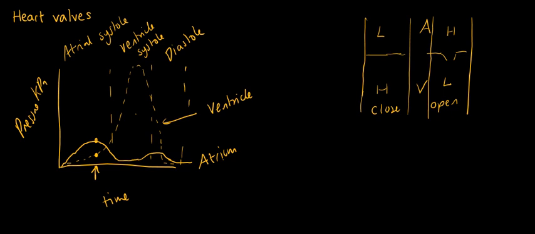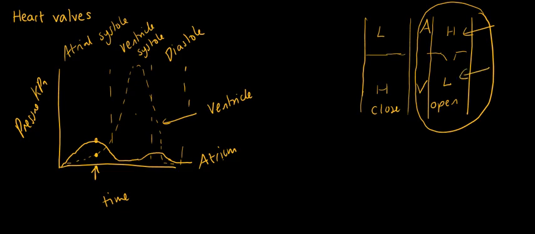So my atrium pressure in this location is currently higher than my ventricle pressure. So therefore that is mimicking this scenario here where my atrium pressure is higher than my ventricle pressure, which is lower. So at this point here you would expect the atrioventricular valves to be open.